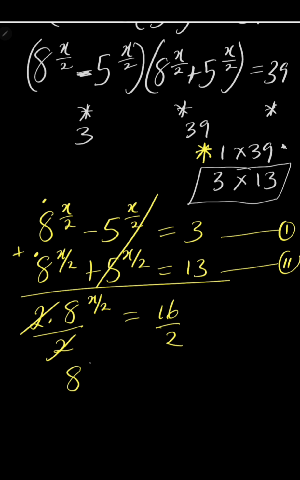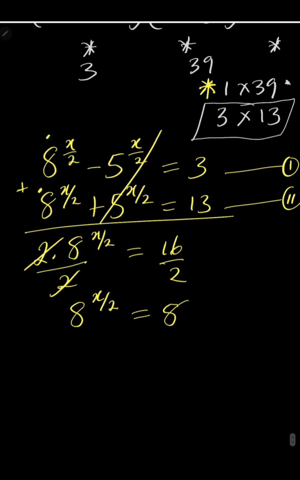So we have 8 power x over 2 is equal to 8, right? Because 16 divided by 2 is 8. Now, the power here is like 1. Bases are the same, so powers should be the same. Therefore, x over 2 is equal to 1, meaning that x is 2.